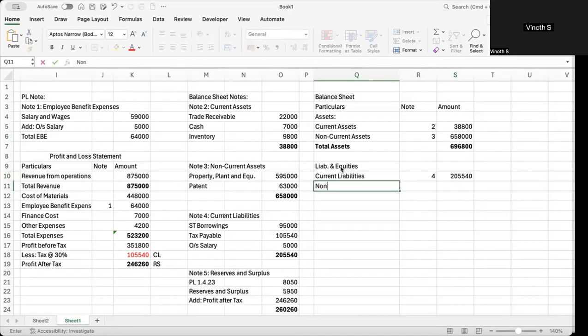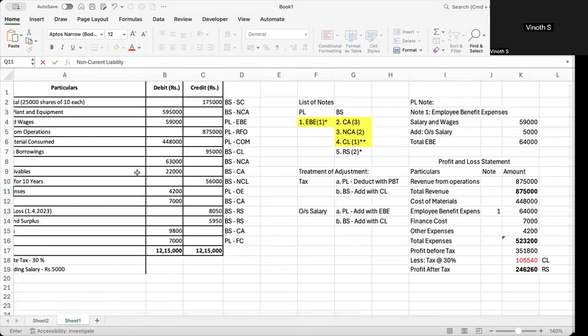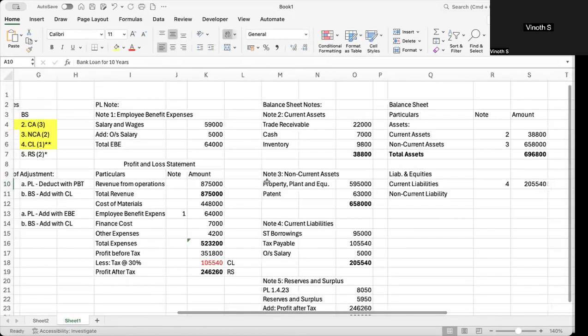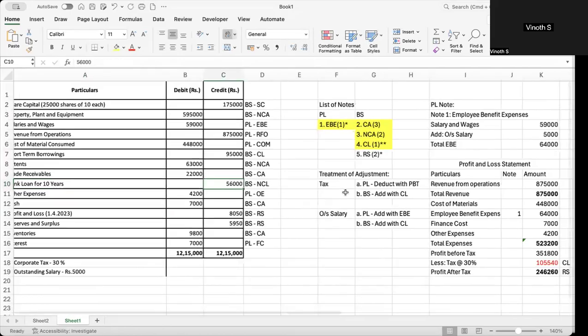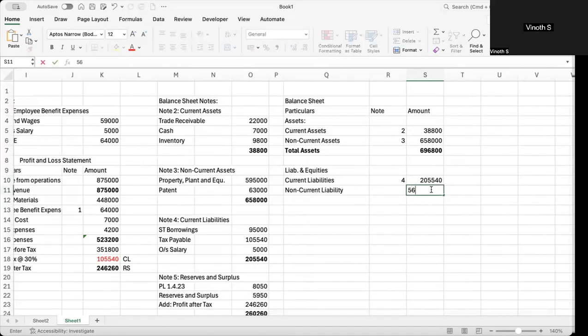Second is non-current liabilities. We have not prepared a note for this. Please refer to the trial balance in the question. One item is appearing there, that is a 10-year bank loan for 56,000. Yes. 56,000 is the 10-year bank loan that we are considering as a non-current liability.